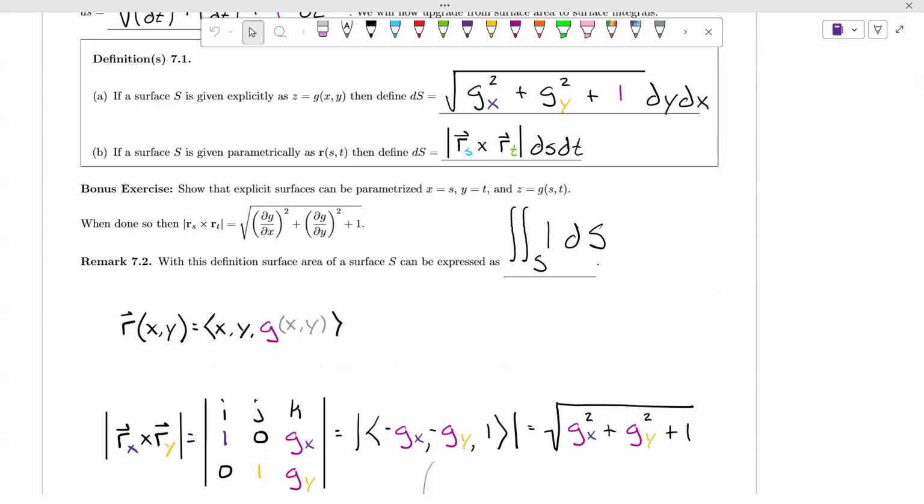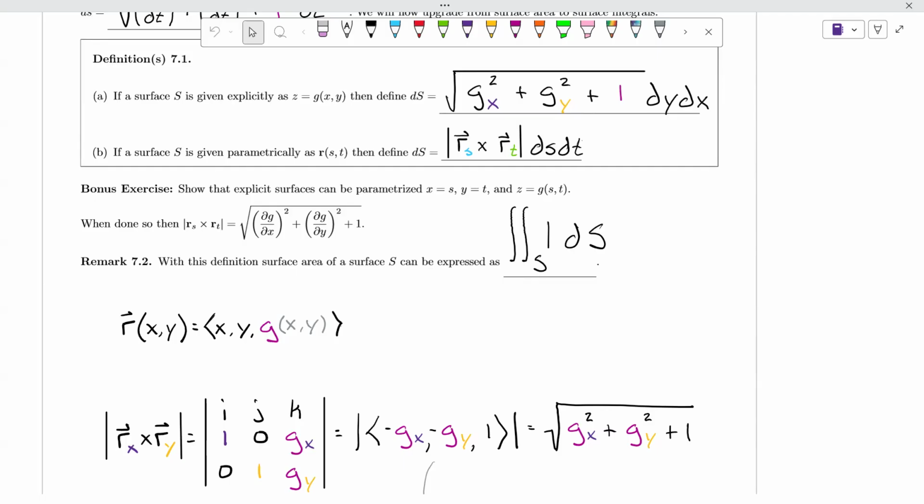So that square root of the x partial squared plus the y partial squared plus 1 is the magnitude of some cross product. In particular, that cross product is the vector x, y, g of x, y. And then take the two partial derivatives and cross those. And there's the result that I think that we get. So that's the bonus exercise done up right here.